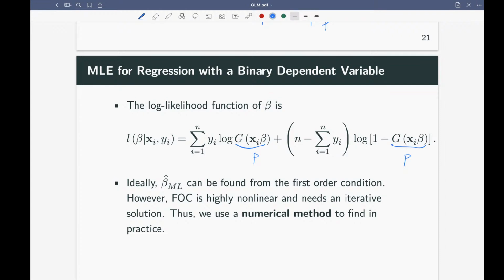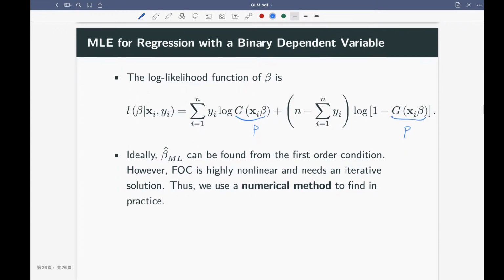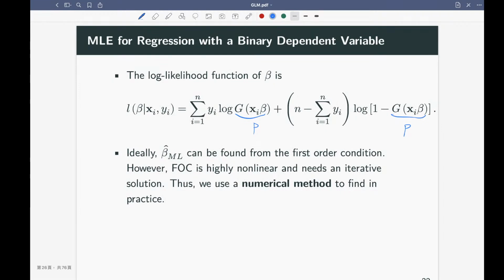But because the FOC of the log likelihood function is nonlinear, we should use a numerical method to find the result. We cannot use some formula to do this.